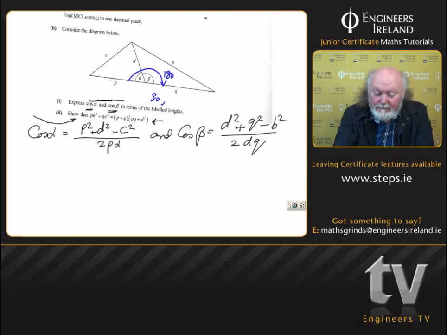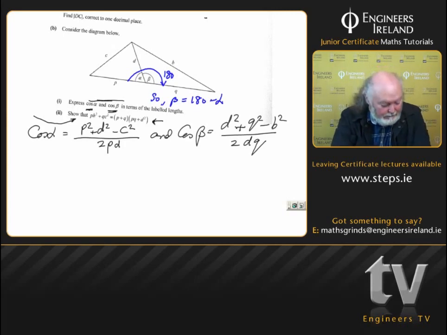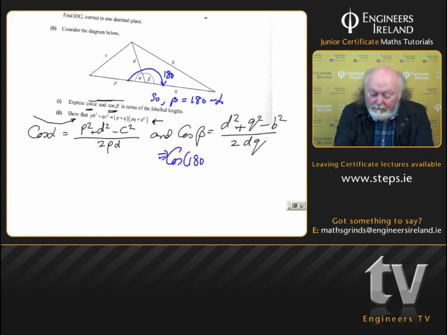So beta is equal to 180 minus alpha, or vice versa. We've just subbed it in here now for the beta.